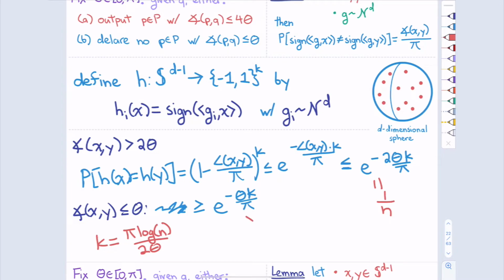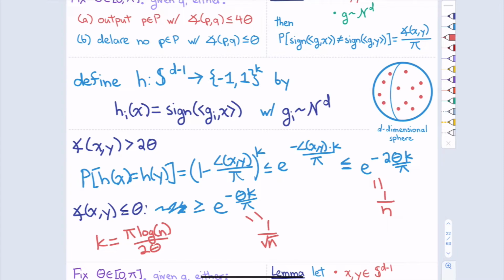Whereas here, we would get, okay. So we'll do about log n copies.